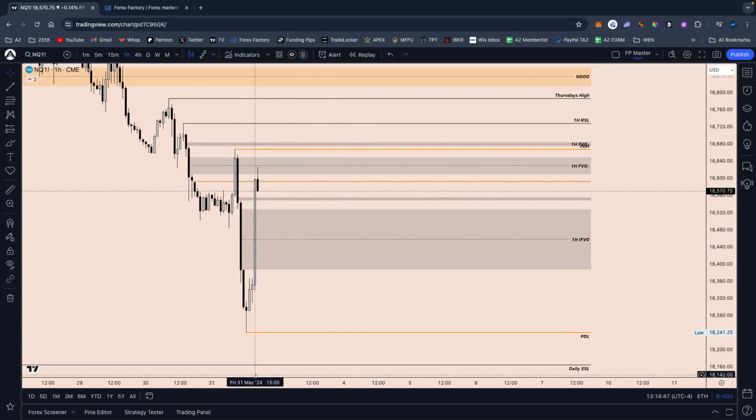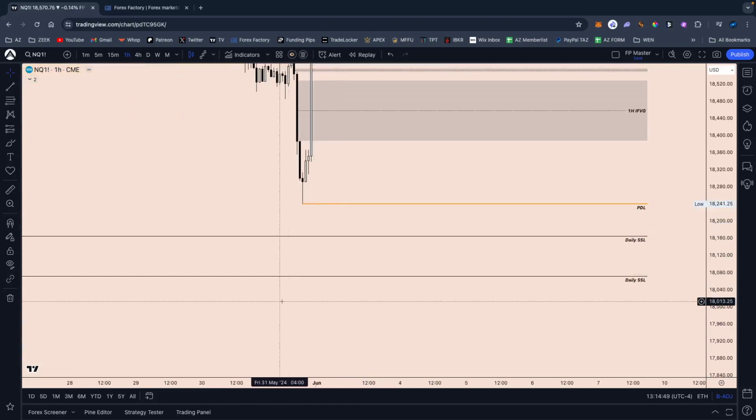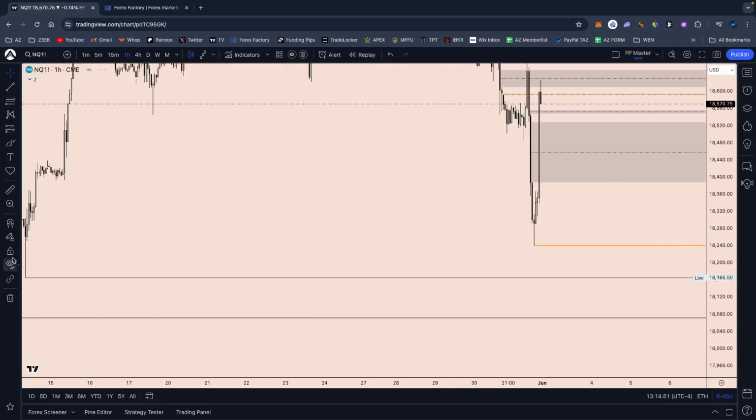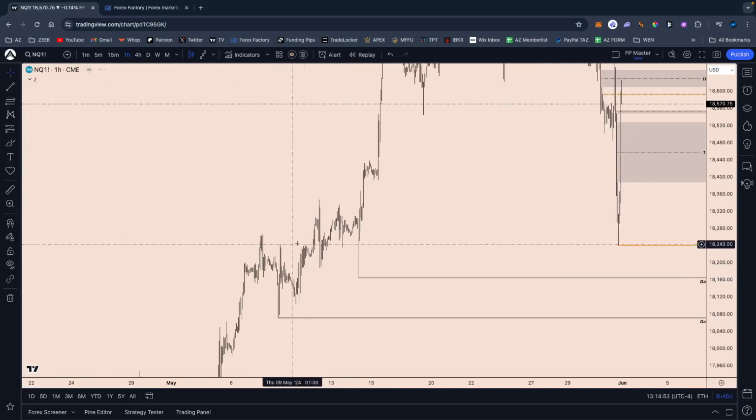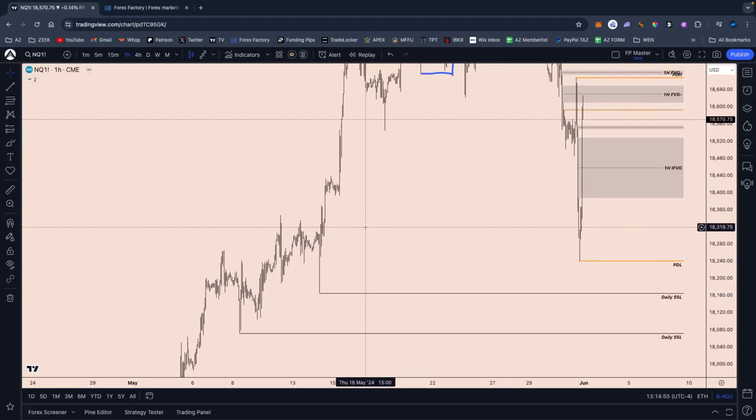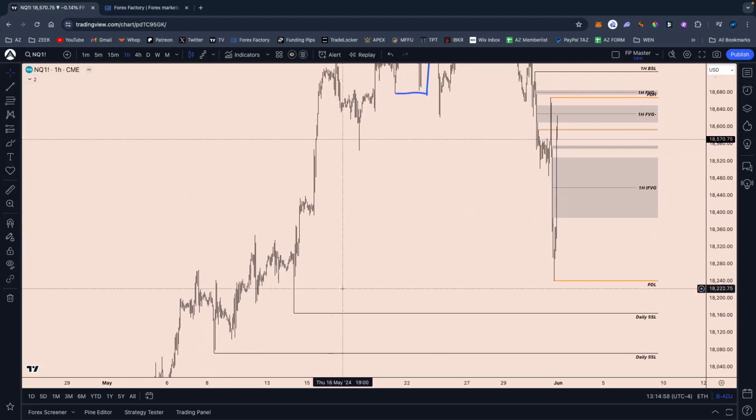I know we didn't take out these daily sell side targets, but we took out sufficient sell side. That could be enough. So there's no right or wrong answer to your question, essentially. You would have to make up the answer for yourself and implement that into your rule set, essentially.